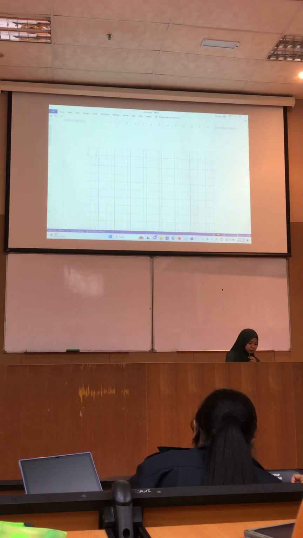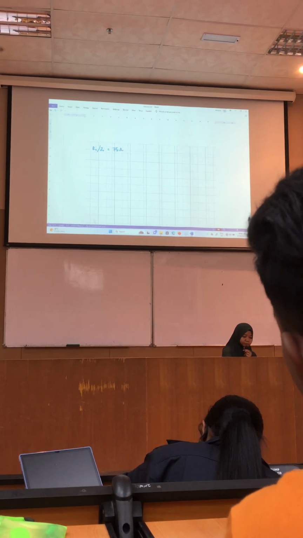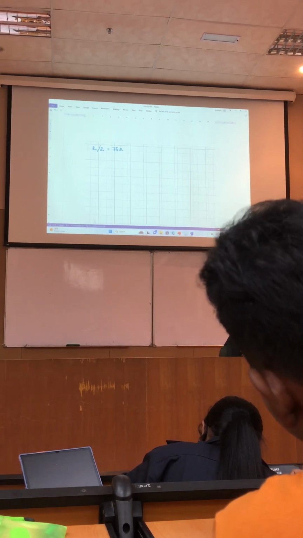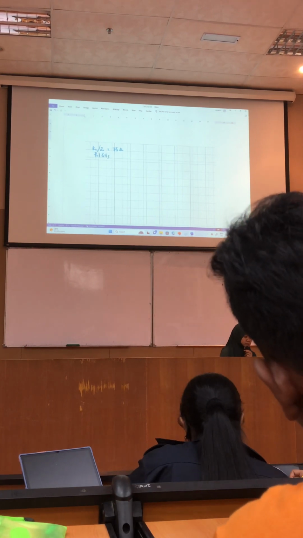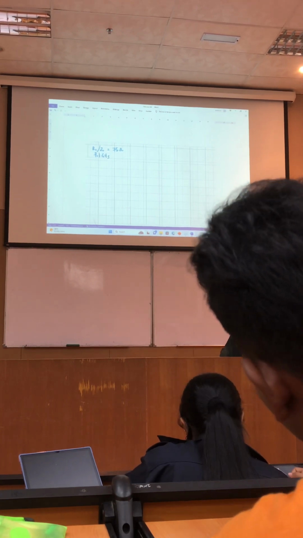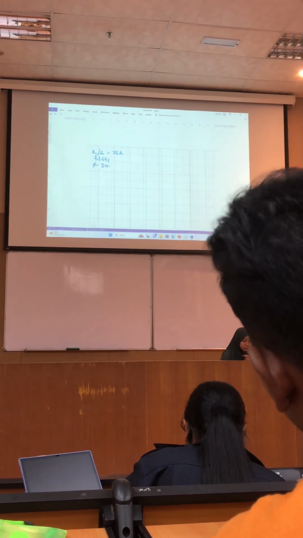I am used to using R or Z naught, which equals 75 ohm. Frequency equals 1 gigahertz. Beta equals 3 radians per meter.